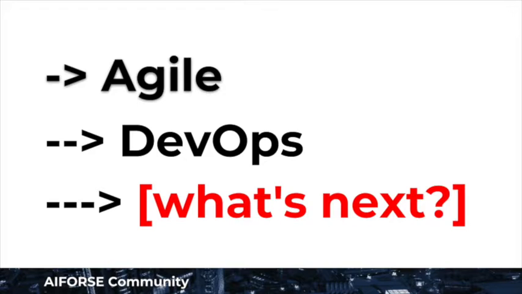But we already know that if you are, for example, working on a big project, you cannot really apply agile in a clean way, because you need to manage all the documentation, you have complex solutions which need to be integrated, and so on and so forth. So agile solves just a part of the problems which we have.